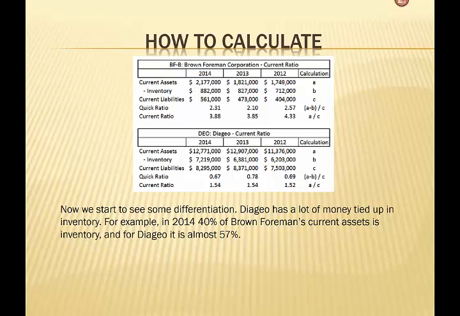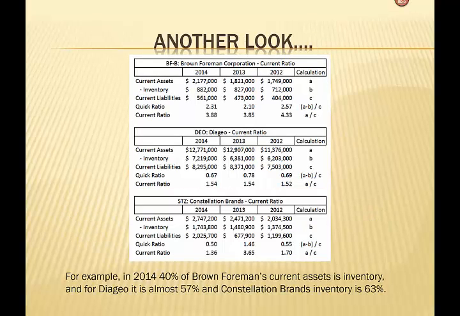And that's okay as long as that inventory can be turned into cash quickly. But what if it isn't? What if it doesn't turn into cash quickly? Then that could be an indicator that would cause us to want to delve further into how this company is operating. And then finally, we have Constellation Brands.